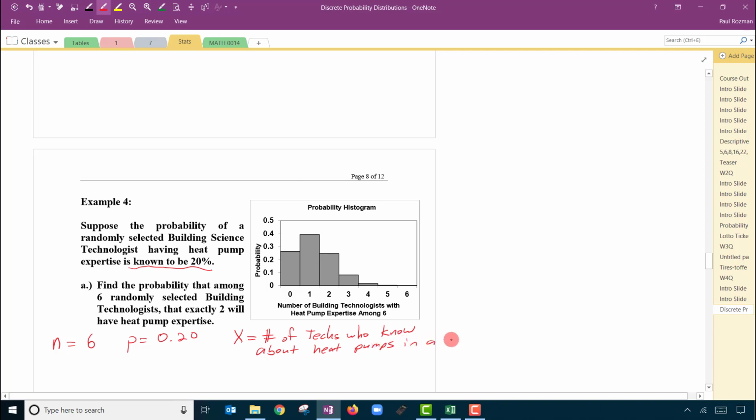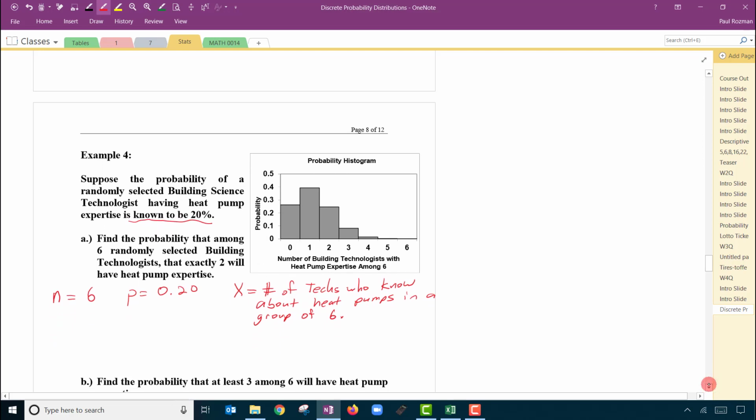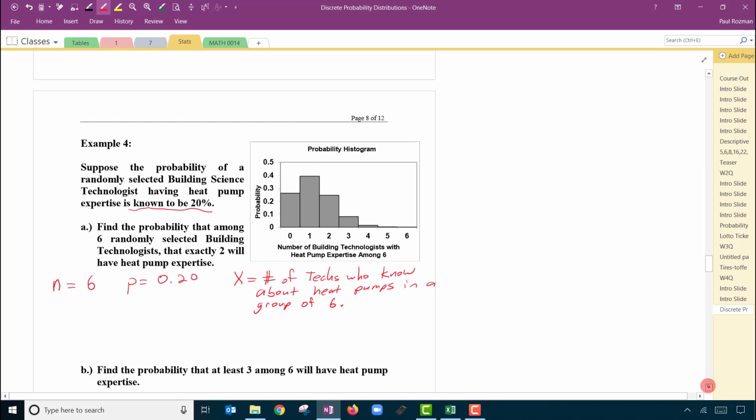In a group of 6, we want the probability of getting exactly 2.